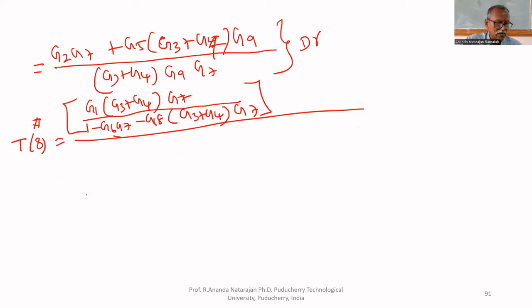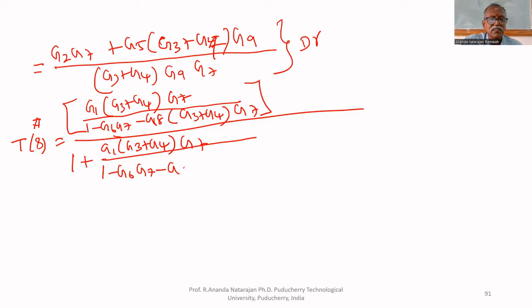This is for the numerator. Denominator: 1 plus the same numerator we have to write, G1 times G3 plus G4 times G7, whole divided by 1 minus G6 G7 minus G8 multiplied by G3 plus G4 multiplied by G7. This is for the numerator.